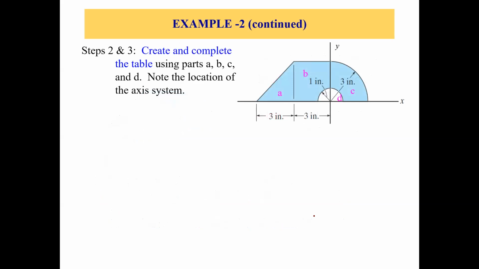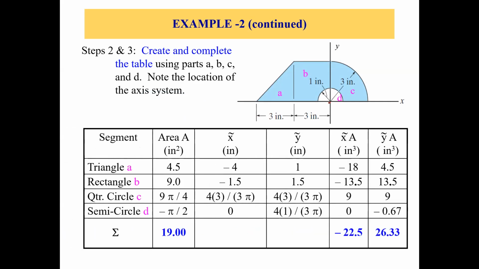Okay. So now create and complete the table using parts A, B, C, and D. And again, we need to remember the XY axis and the origin, right? So this is the origin, right? This is the origin where XY axis intersect. So we need to take all the dimensions of X bar, Y bar from the origin.